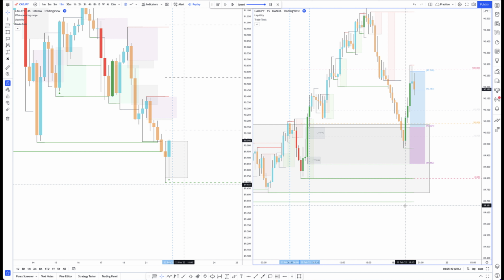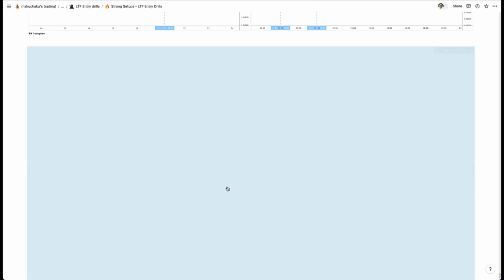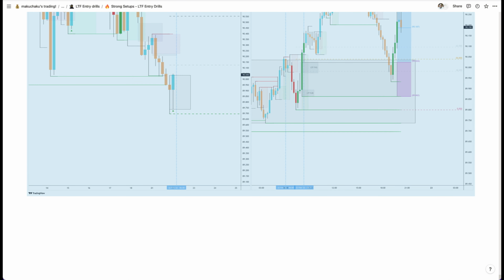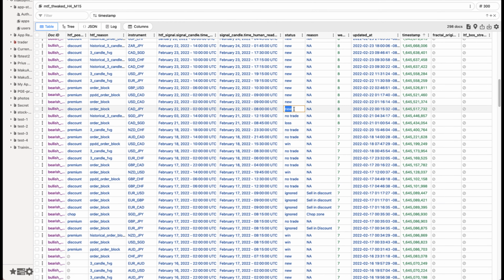So almost like 12 hours later. I don't know if I would like to keep my limit orders there for so long. But nevertheless, good understanding of the setup though. Let's mark it as a win.